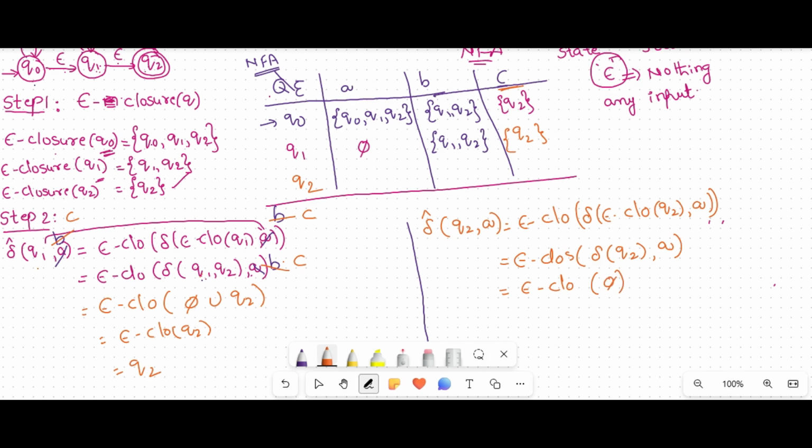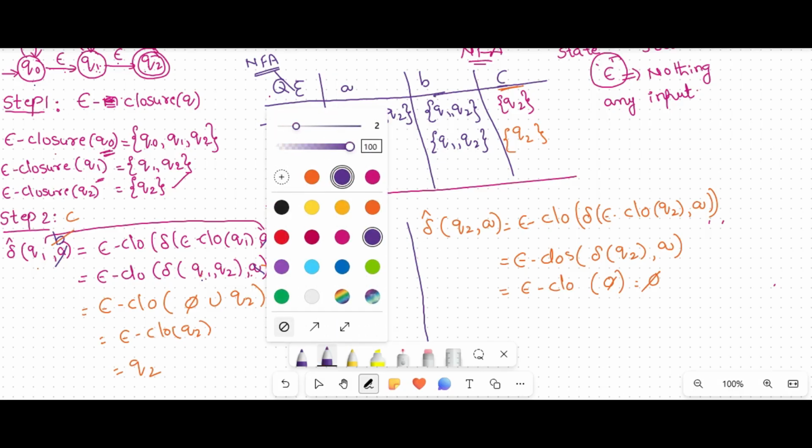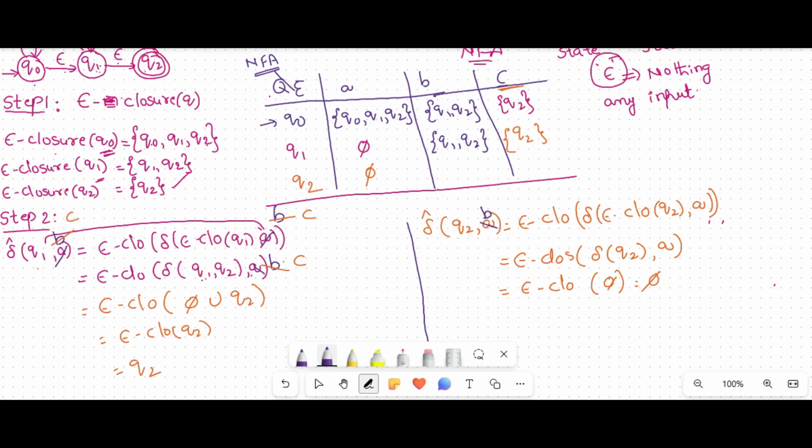Q2 with A is phi. So here it is phi. Next, Q2 with B is also phi. Next, Q2 with C is not phi, it is Q2. Epsilon closure of Q2 is Q2. So here it is Q2. So this is your NFA.